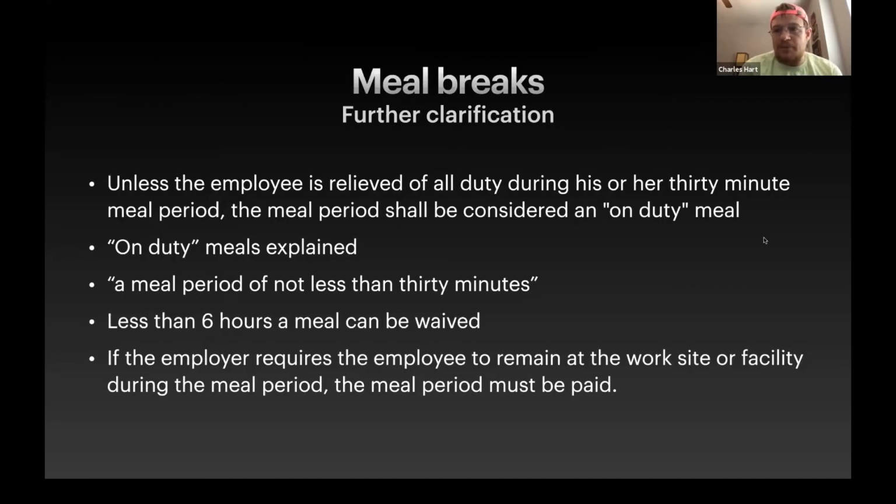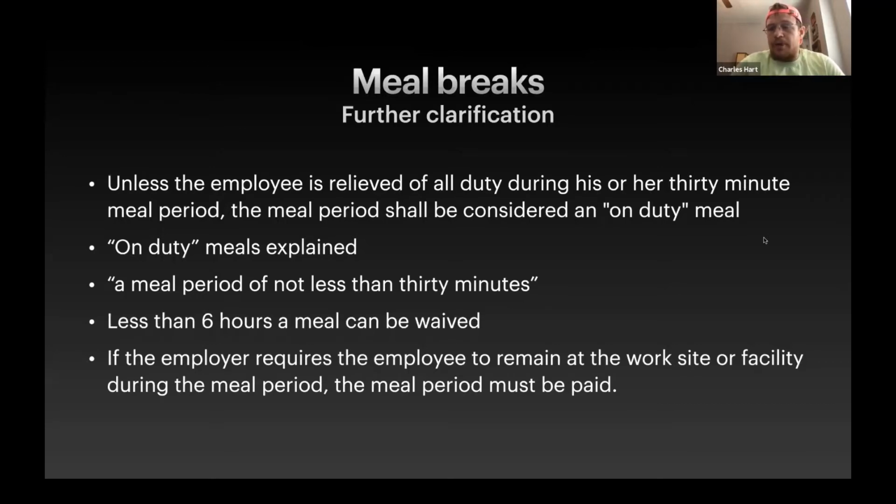Like the example of the security guard: if they just walked away, the place wouldn't be secure. Or a kiosk worker, or a manager working the night shift at a store. These are some of the examples in the rulings of what an on-duty meal would be. Relieving your employees of all duty is pretty expansive.